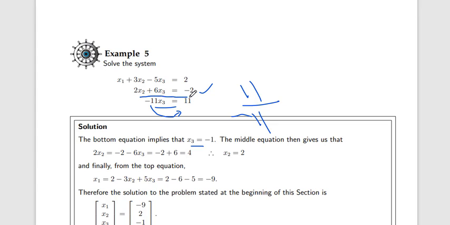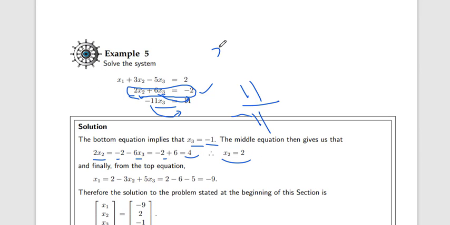Here you can see that there is only one unknown, x2. We know the value of x3, so we put it in the second equation and then find the value of x2. So 2x2 is equal to minus 2 minus 6x3. What is the value of x3? Minus 1. Minus 2 plus 6 is equal to 4, so we get x2 is equal to 2.